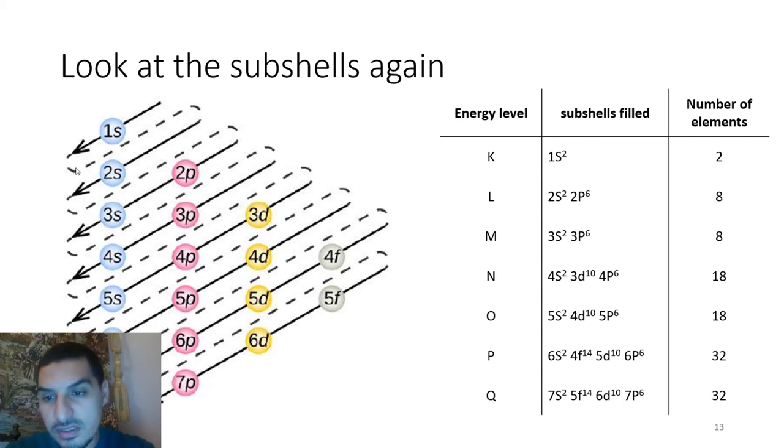This is based on this, and we can tell that the energy level starts to fill when the S orbital starts to fill. So we have 1s for the first, and then 2s, 2p, this is 2 and 6, this is 8, which is here. And then we have 3s and 3p, this is 8, and then 4s, 3d, 4p, this is 18, and so on.